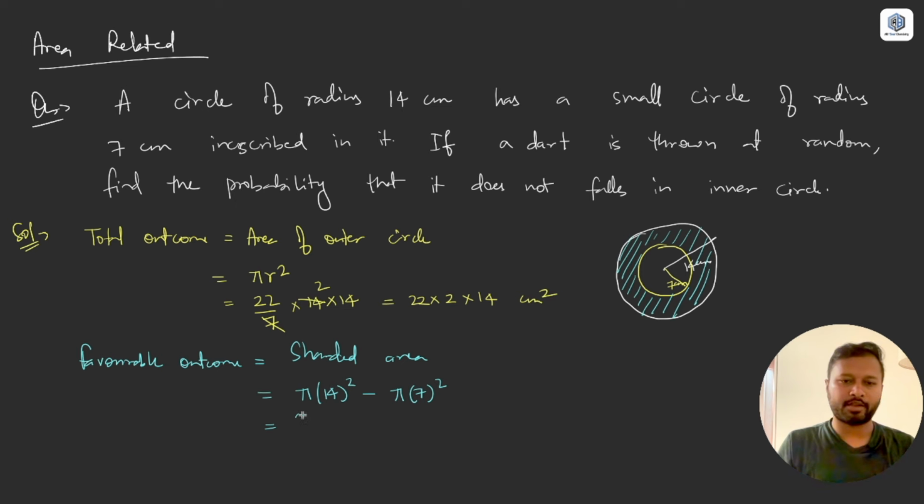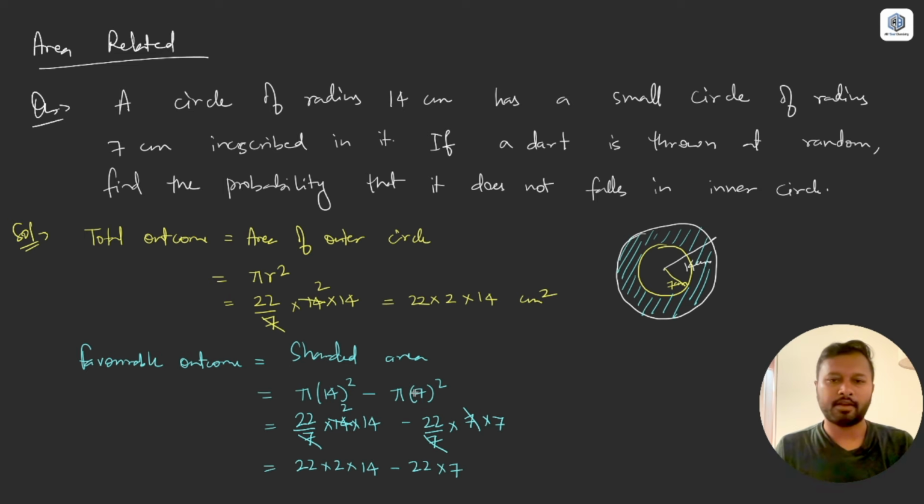So now you can do the calculation: 22 upon 7 into 14 into 14 minus 22 upon 7 multiplied by 7 into 7. So this is cancelling out, this is cancelling out 2 times. So this is 22 into 2 into 14 minus 22 into 7.